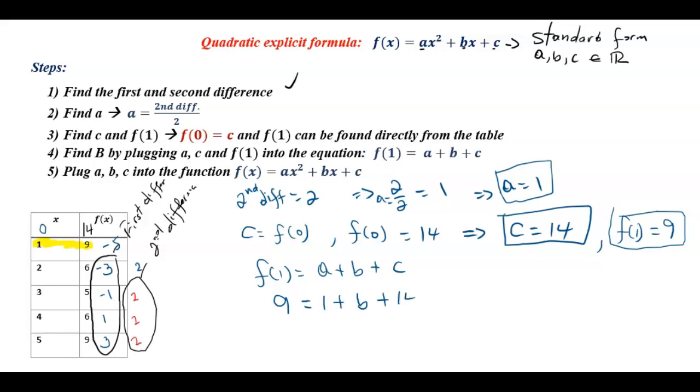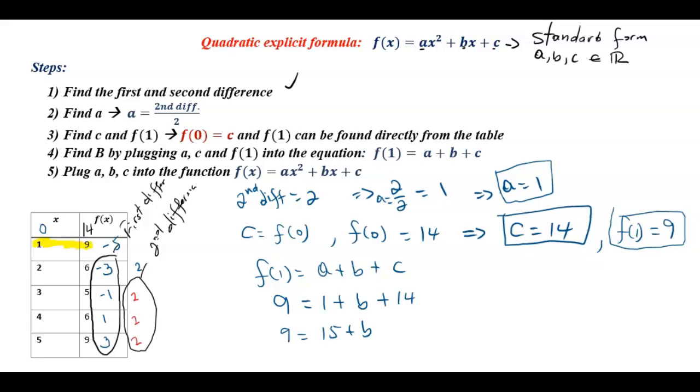So then we can go ahead and combine like terms. 1 plus 14 is 15. So we're going to have 9 equal to 15 plus b.